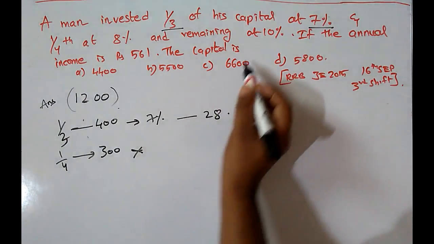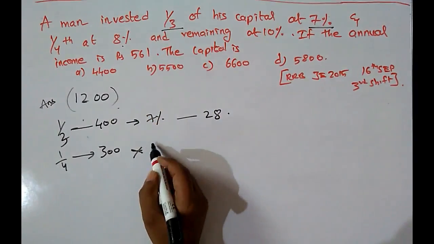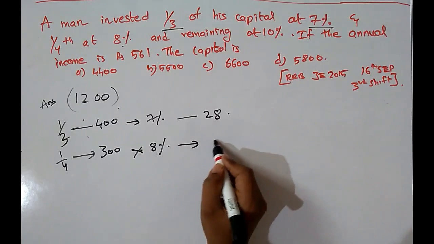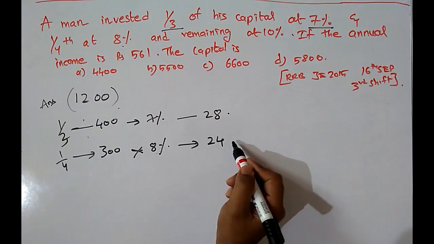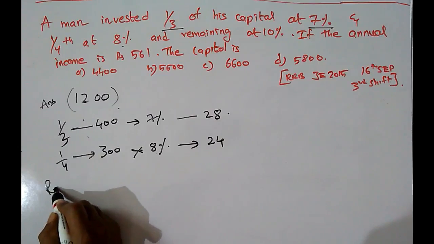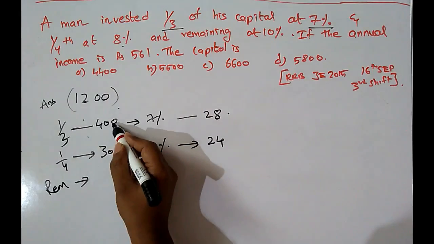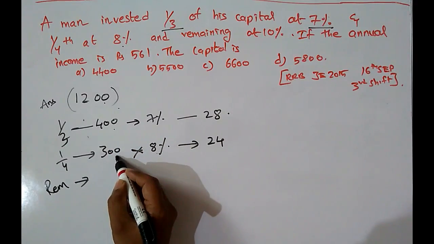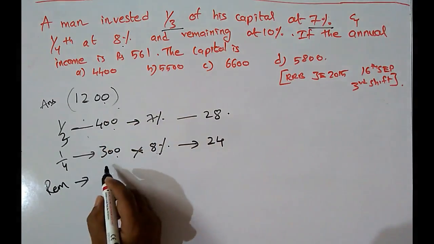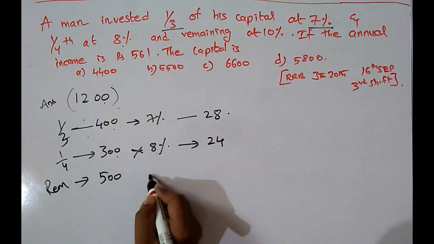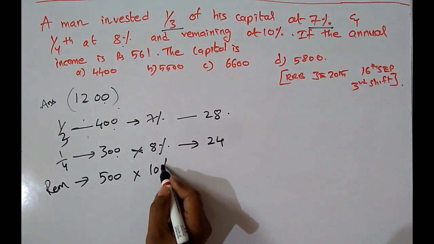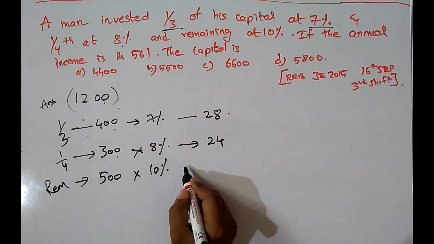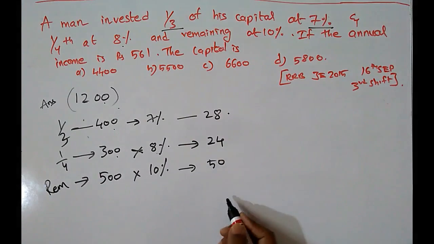The rate of interest given for it is 8%. 8% of 300 is 24. The remaining out of 1200 is 1200 minus 400 minus 300, that is minus 700, so we are left with 500, and this is given at 10% interest. 10% of 500 is 50.